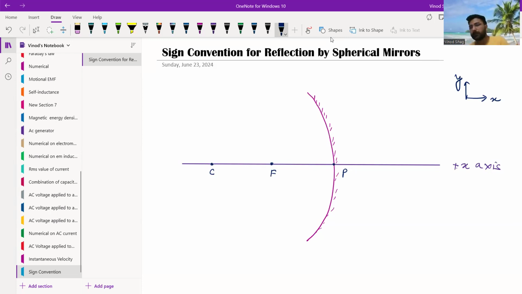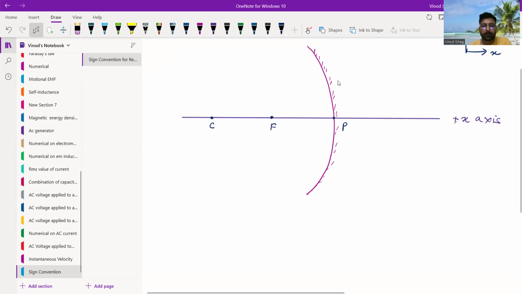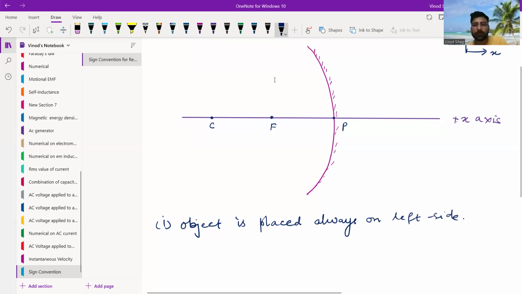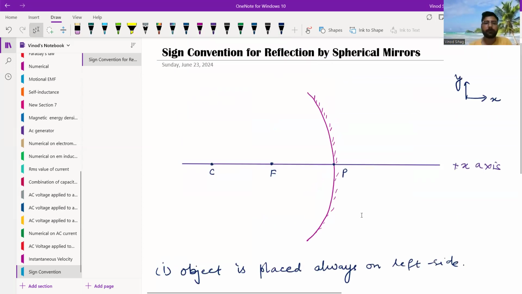Here there are rules. The first rule is about where to place the object. The object is always placed on the left side of the mirror.